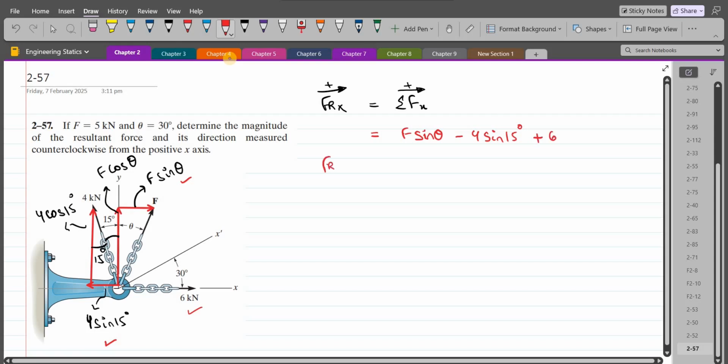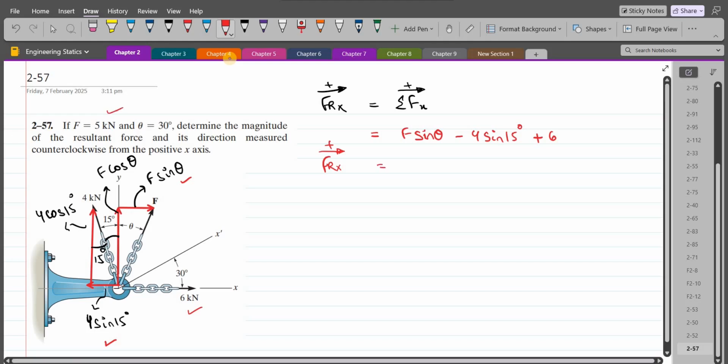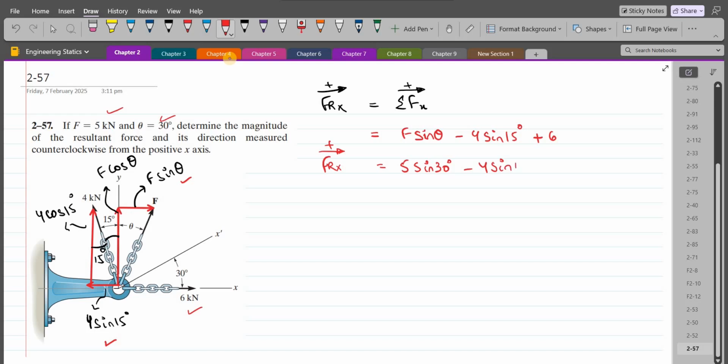The FRx becomes, F is 5 kilonewtons and theta is 30 degrees, so 5 sine 30 degrees minus 4 sine 15 degrees plus 6.